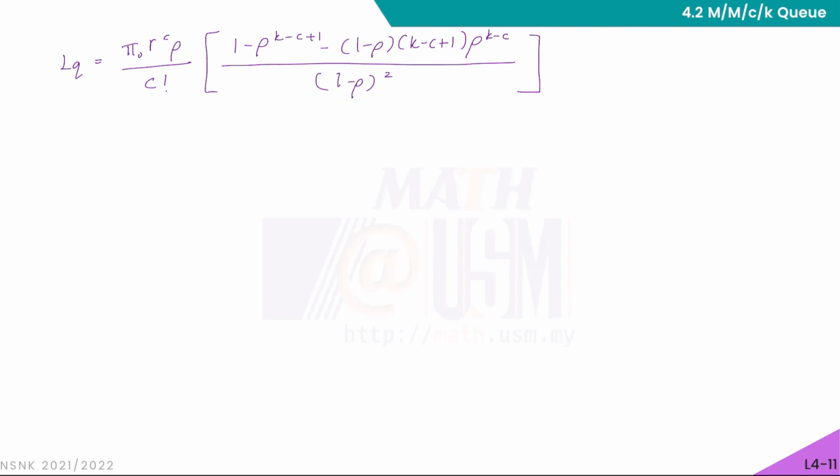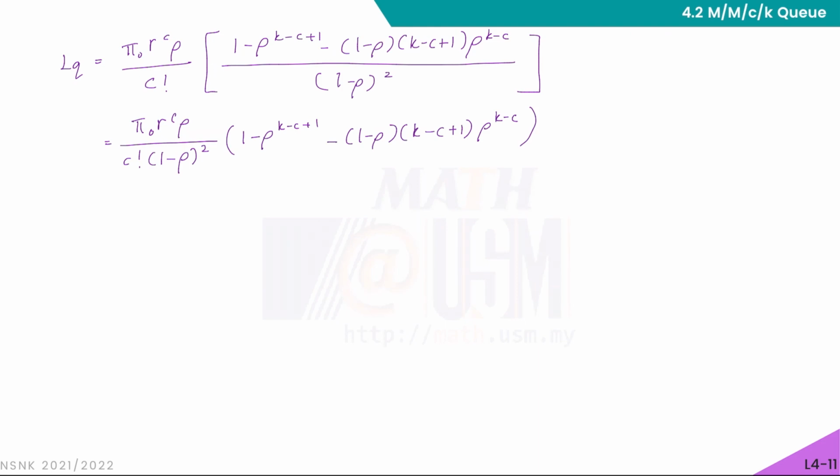So this is the value for your LQ. Or you can take the (1 minus rho) squared to be put here, so that you will get a simpler looking term in your bracket, but the value is just the same, K minus c. So that is your LQ.